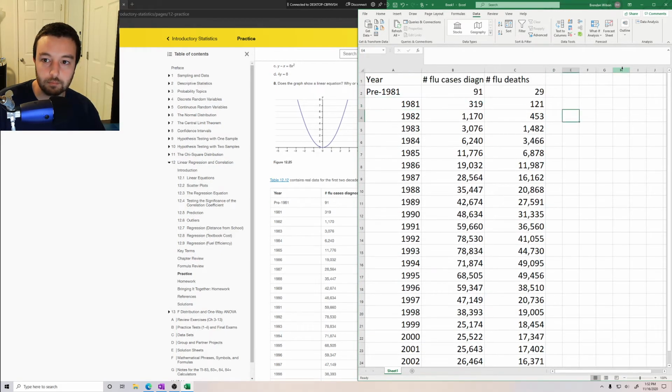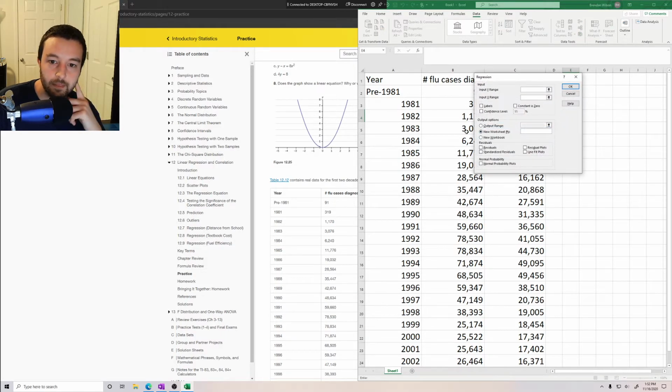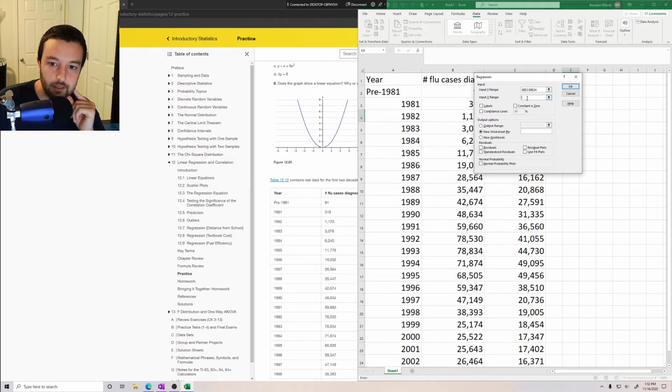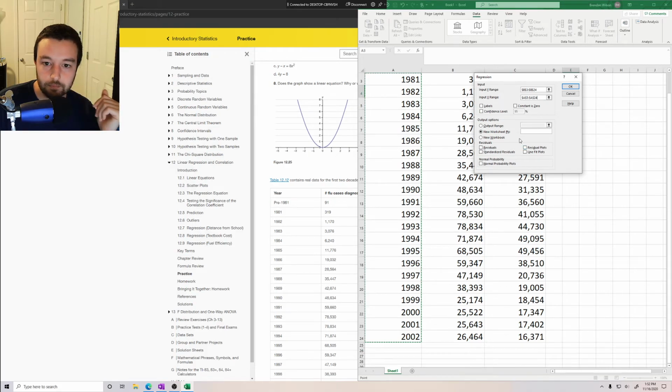Okay. So let's take a look at what this data analysis tool does. When you click on it, you'll see there's a lot of different things you can do with it. You can find the correlation, covariance. What we're going to do is look at the regression, okay? Because that's ultimately what we're trying to do, find the regression line. So let's do that. We want to put our y range in. Remember, your y is your dependent variable, which is going to be this. And then we want to put our x in there.